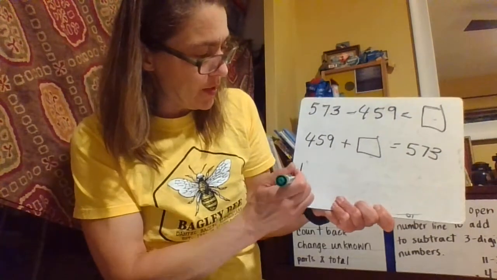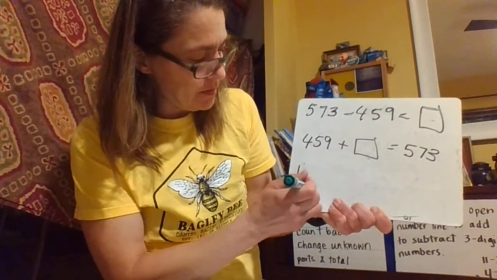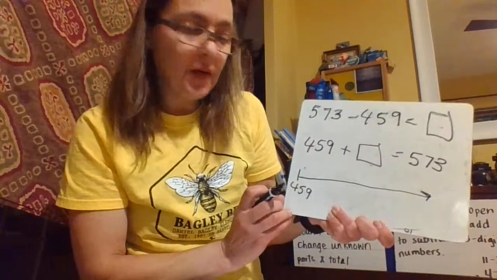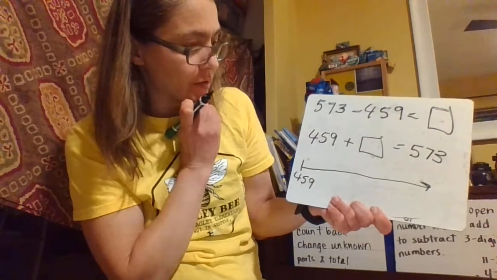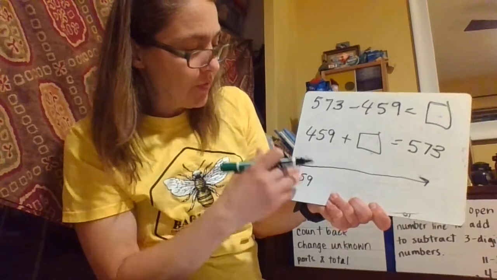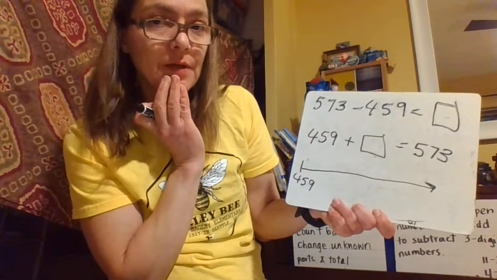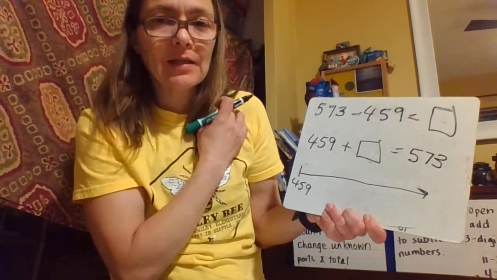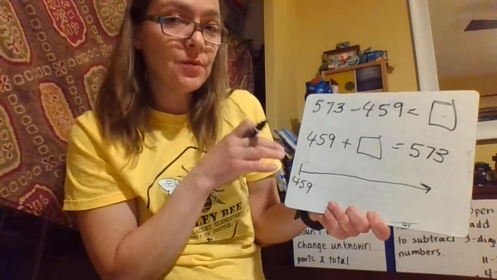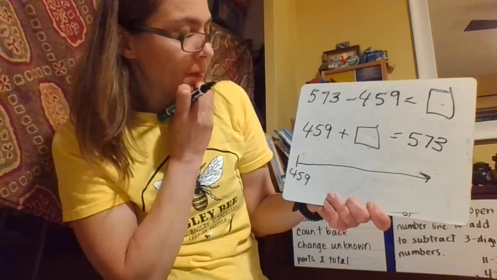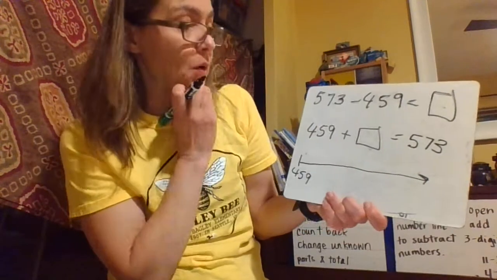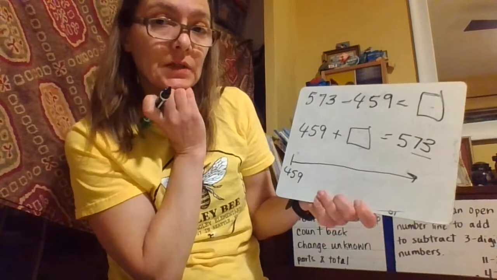Okay, so we're going to start at 459, and we're going to count up until we get to 573. So we can go up a whole 100, and you see how what you learned yesterday about adding 10 and adding 100 helps you now? Because we can add a whole 100 because we wouldn't go over it.